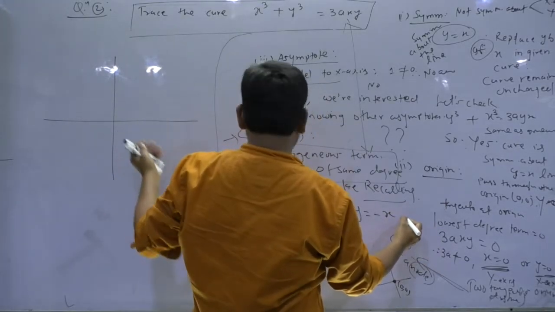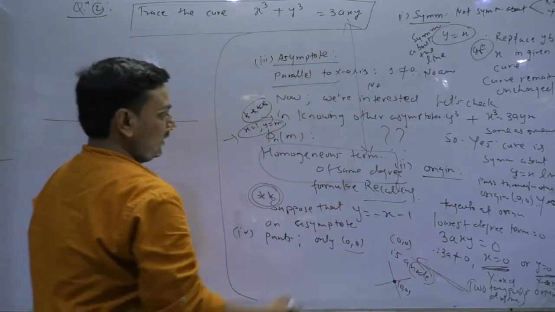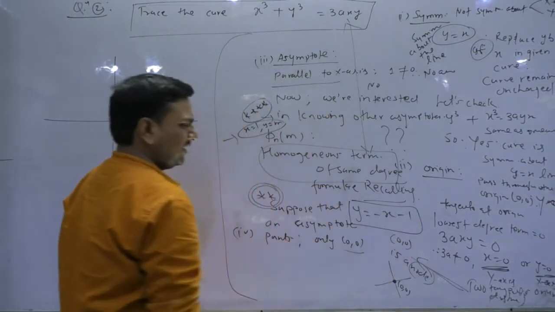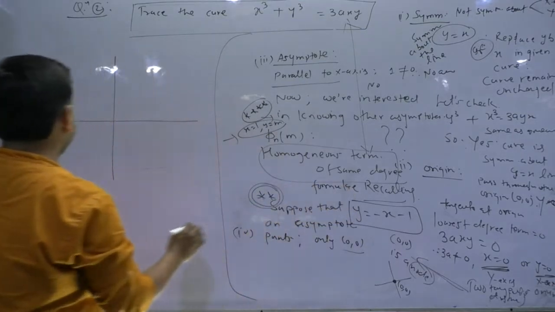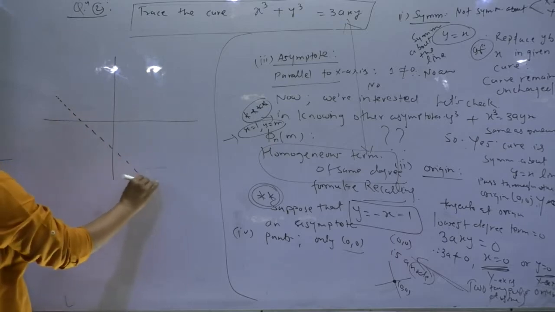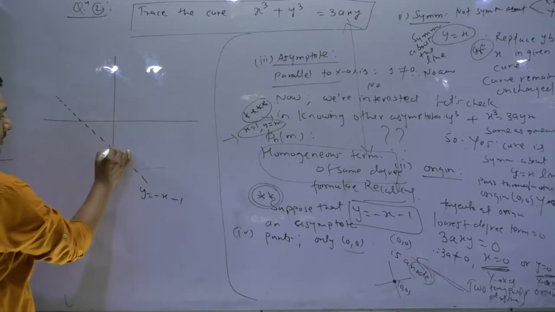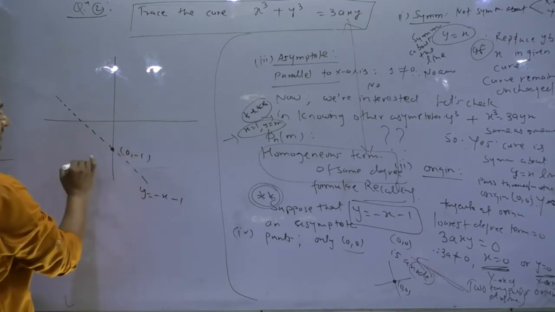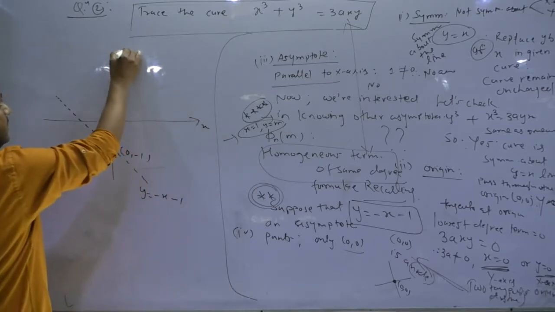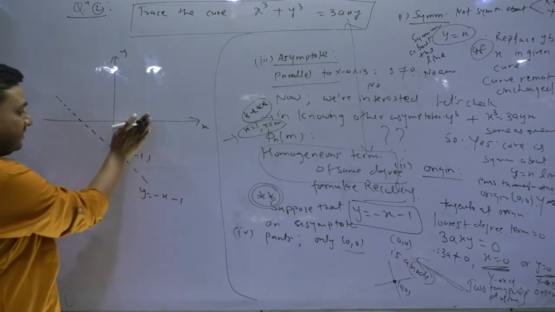Y equals to minus x minus 1 I guess, क्योंकि तभी ये इधर भी जाएगा. इस asymptote को एक बार चेक कर लेना. I guess this will be the asymptote. So let's say this is the line y equals to minus x minus 1. Obviously this is the intercept on y axis. So this is x, this is y. Okay, so one asymptote, suppose that this.